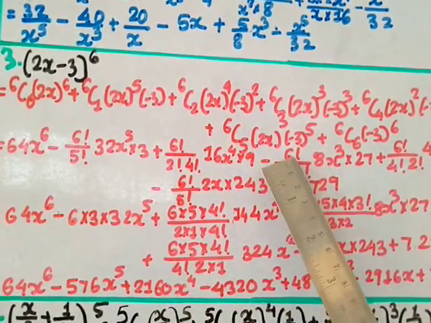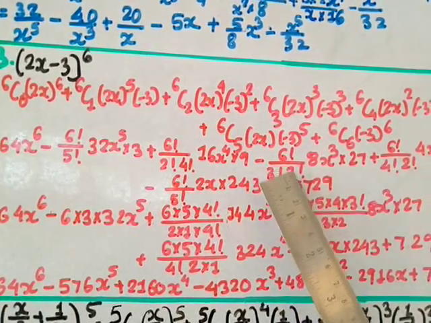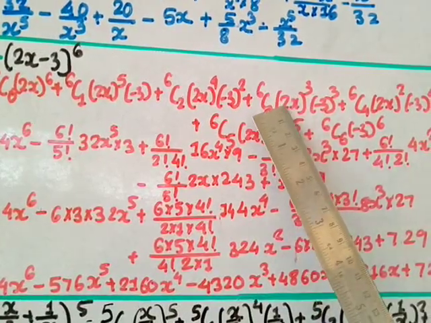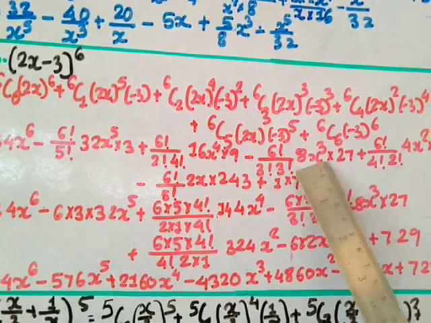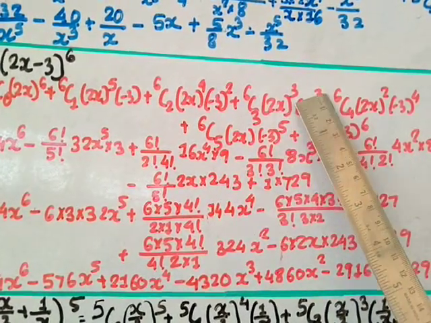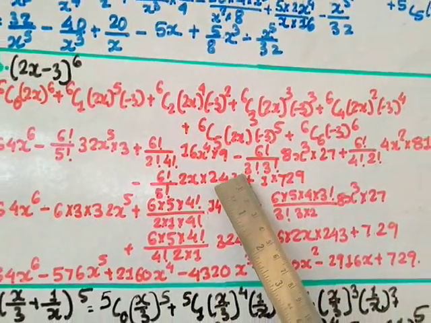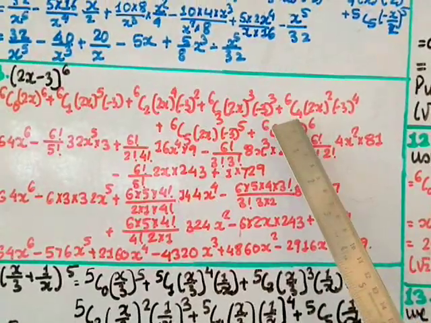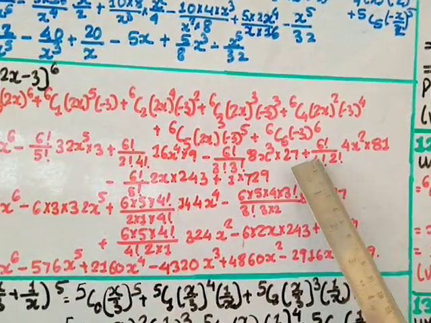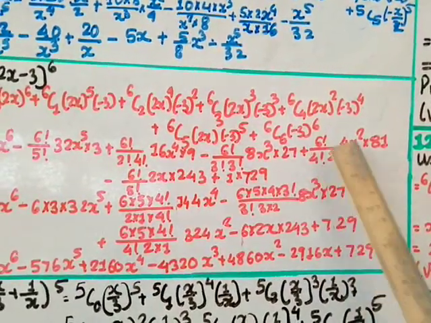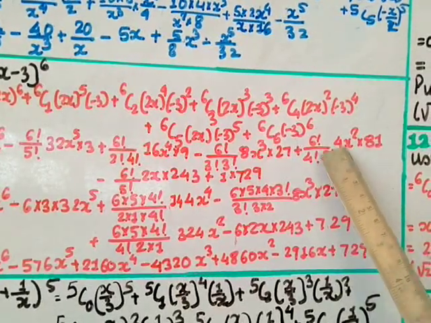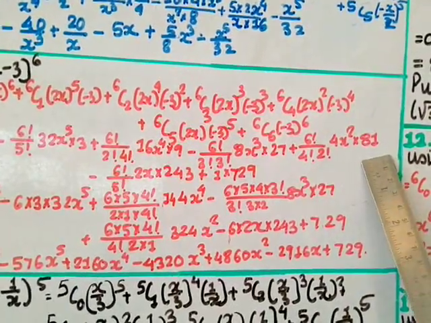Minus 6c3 is 6 factorial divided by 3 factorial into 6 minus 3, that is 3 factorial. 2x power 3 is 8x cube into minus 3 power 3 is 27, but it is negative, that's why this positive I have written negative. Okay, plus this 6c4 is 6 factorial divided by 4 factorial into 6 minus 4, that is 2, and 2x power 2 is 4x square, minus 3 power 4 is plus 81.